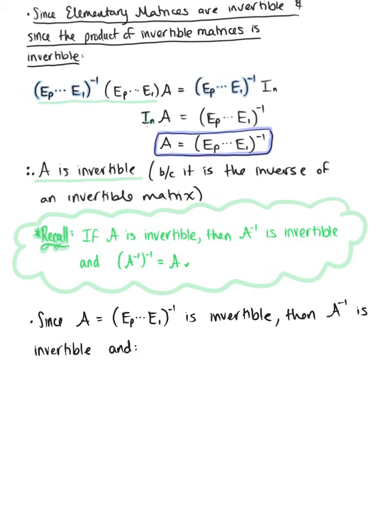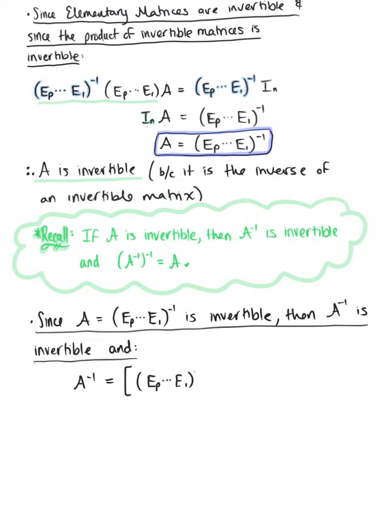And we also know that the inverse of matrix A is equal to the inverse of the product of those elementary matrices. Now, the inverse of this product is simply equal to the product of these elementary matrices, so E sub P all the way through to E sub 1.